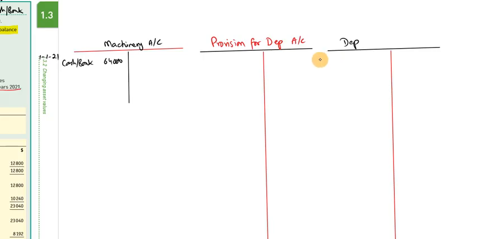Normally we open three accounts for depreciation. Number one is the fixed asset account, second is the provision for depreciation account, and third is the depreciation expense account.